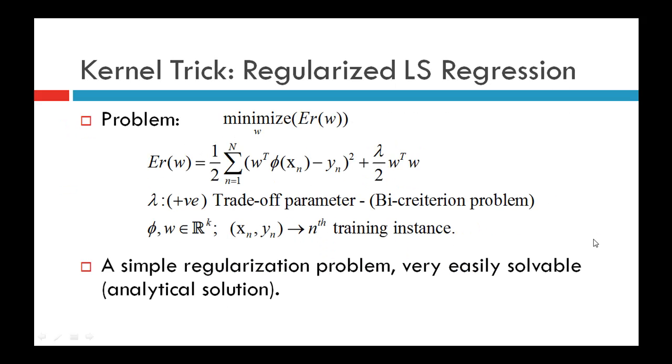So here's the first important part of the lecture, that is the kernel trick for solving the regularized least square regression problem. Regularized least square regression is a pretty simple problem, and it has an analytical solution.